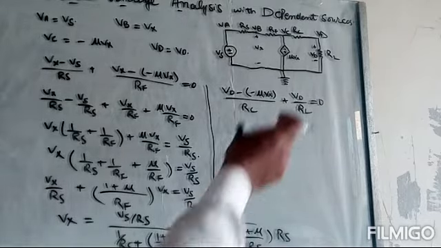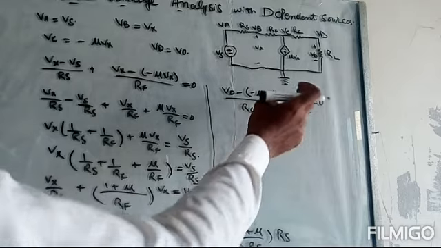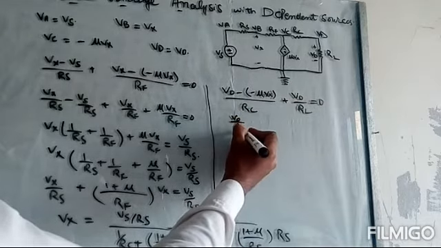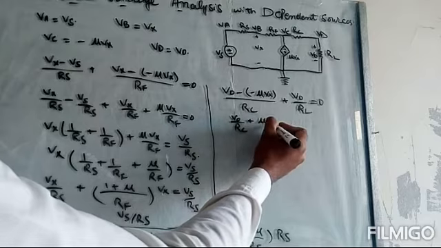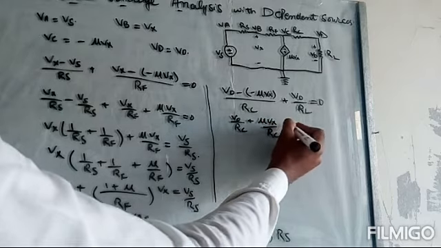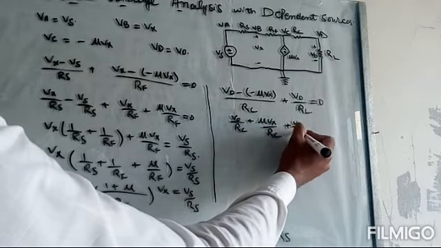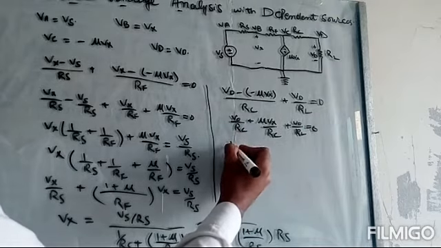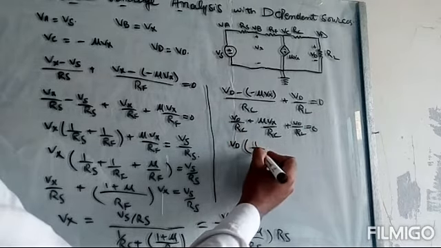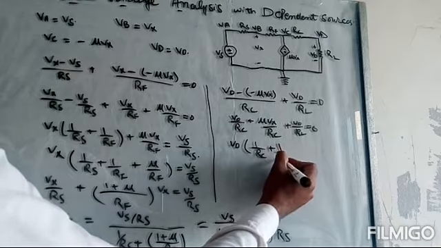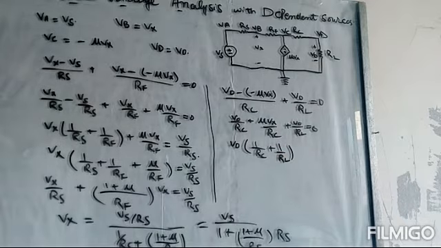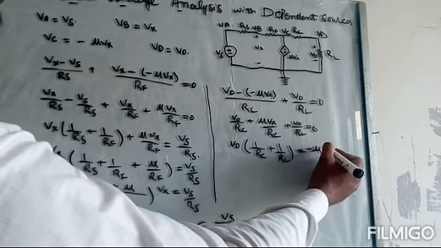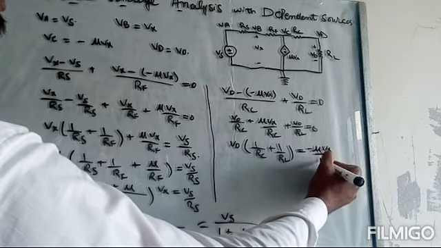Now we will separate our unknown V0 from this equation. So V0 over Rc plus mu Vx over Rc plus V0 over Rl is equal to 0. V0 into 1 over Rc plus 1 over Rl is equal to minus mu Vx over Rc.